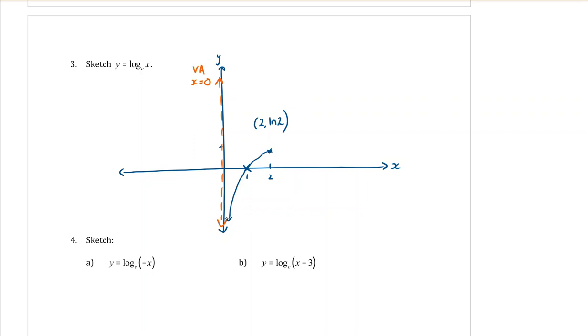As I keep going past the 2, it is going to keep increasing, but slowly. Okay, so I want to show that it's going to continue coming up here, but it's not particularly steep. It does not flatten off though. Okay, it does keep increasing. There's no asymptote that it's approaching. It does slowly, bit by bit, keep increasing.